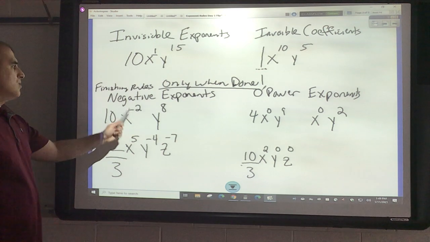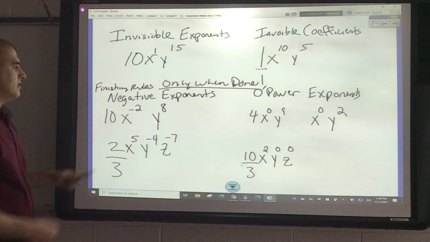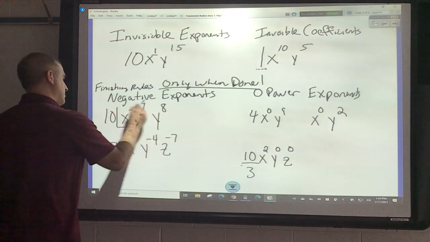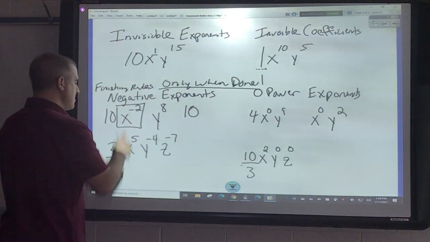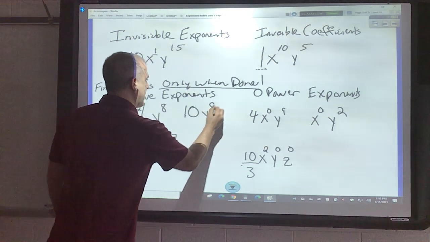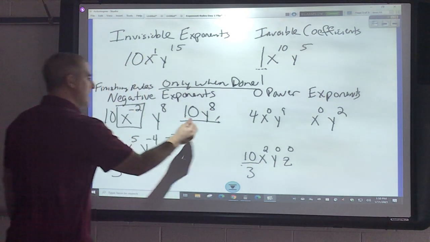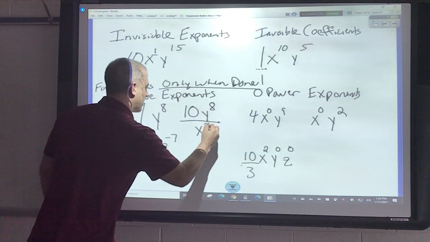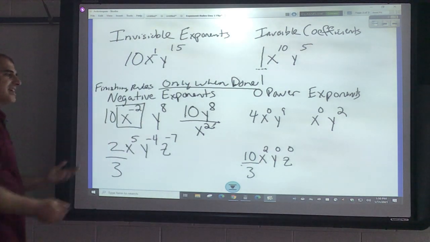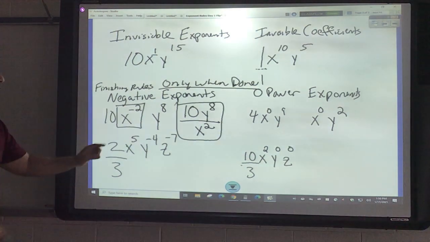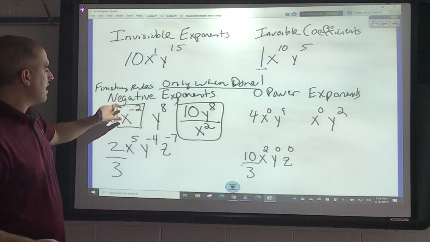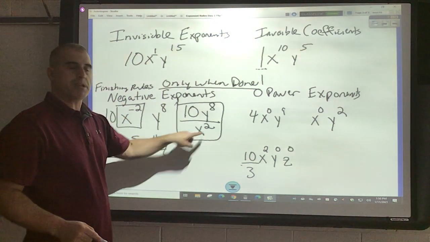If you have a negative exponent, that letter and its exponent go underneath and now become positive. So if I have 10, y to the 8th stays positive. So only the negative letter moves underneath, and if you notice, it becomes positive.